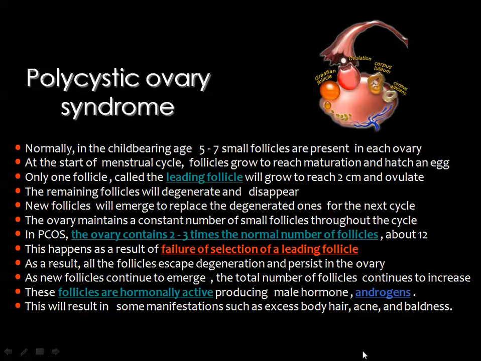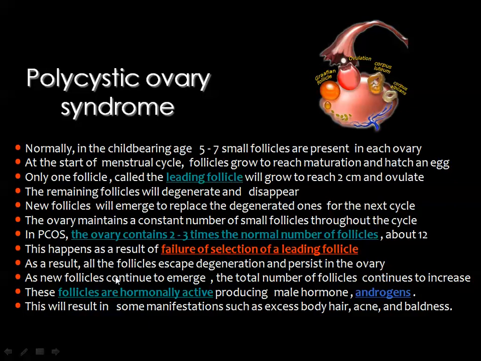But in cases of polycystic ovary syndrome, the ovary contains 2 or 3 times the normal number of follicles, and there is failure of selection of a leading follicle. Most of the follicles are in the range of the same size, and as a result, the follicles will escape degeneration and they persist in the ovary.